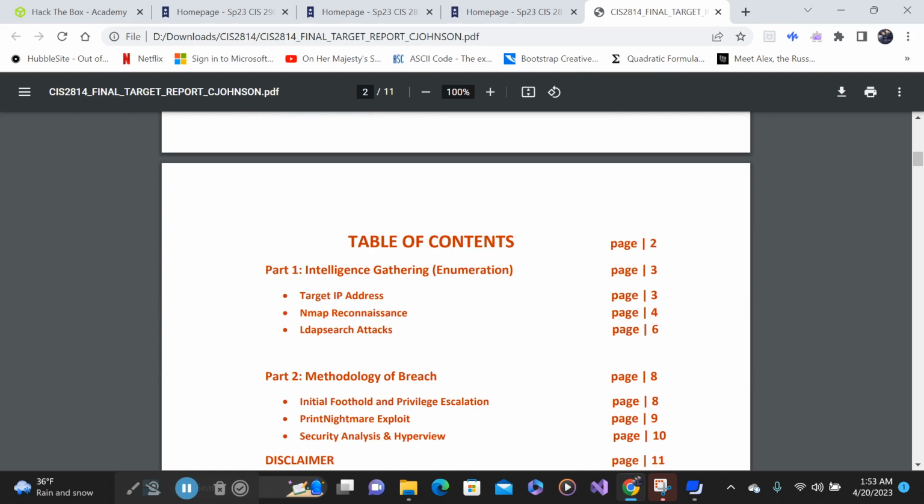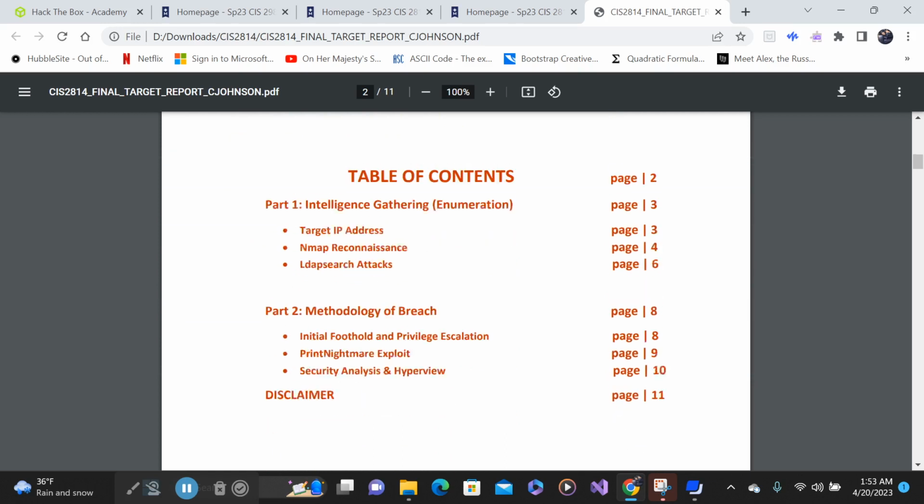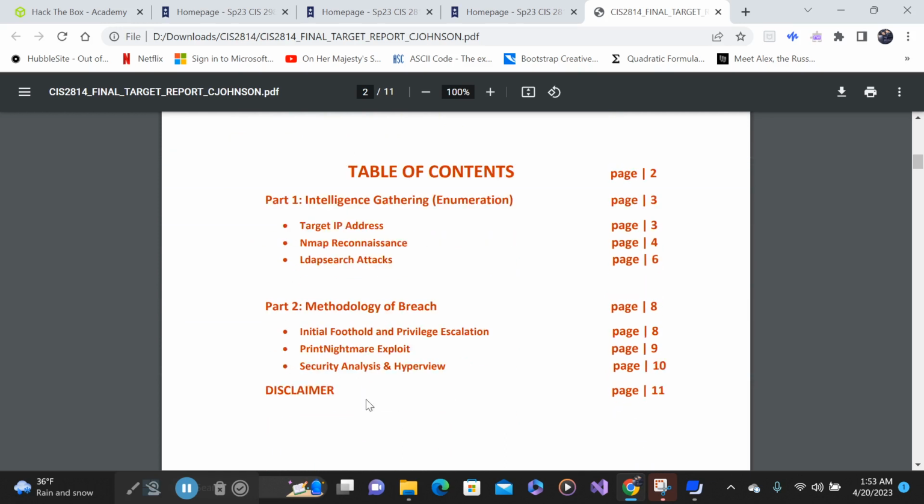Table of contents, intelligence gathering. So, to talk about the table of contents, I gathered the target IP address, network reconnaissance and the LDAP search attacks.